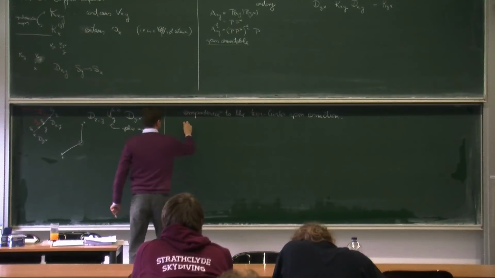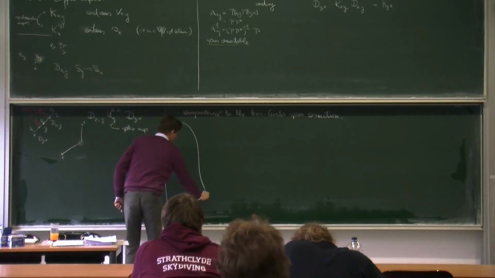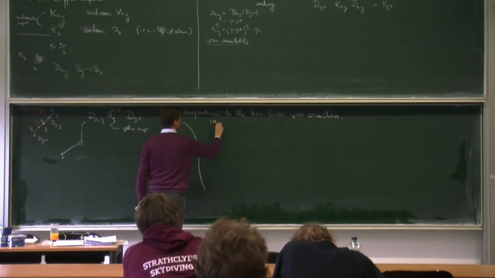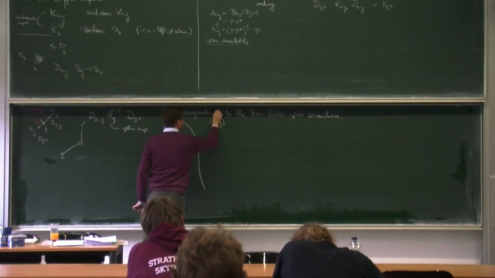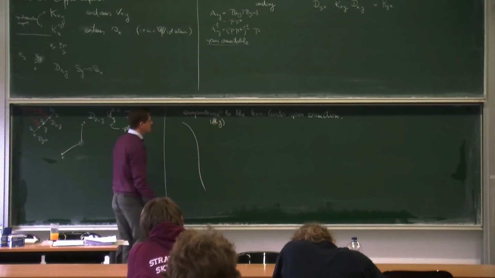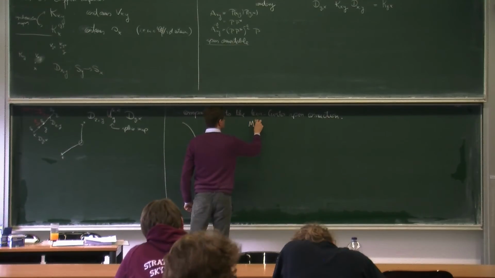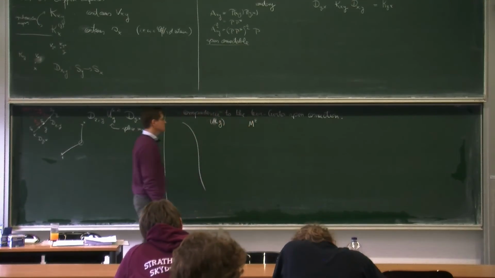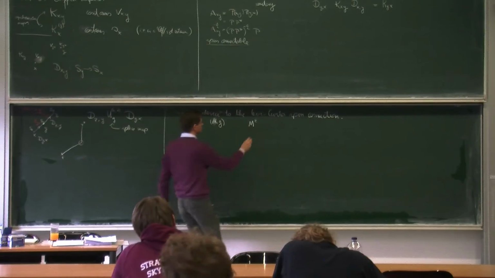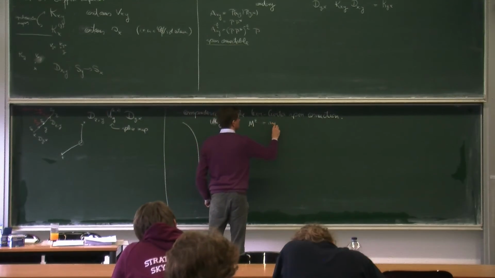So this works as follows. Suppose we take a Lorentzian manifold, Mg, and then we construct the corresponding causal fermion system, which we denote by M epsilon. So this is the space-time of the corresponding causal fermion system.